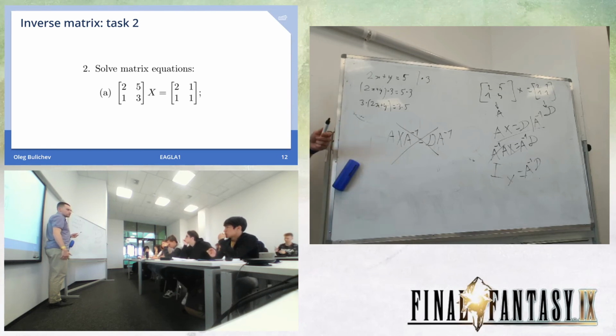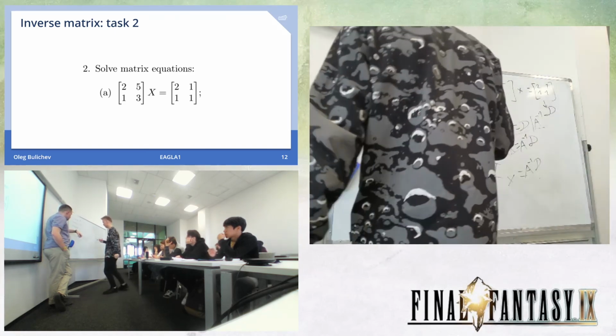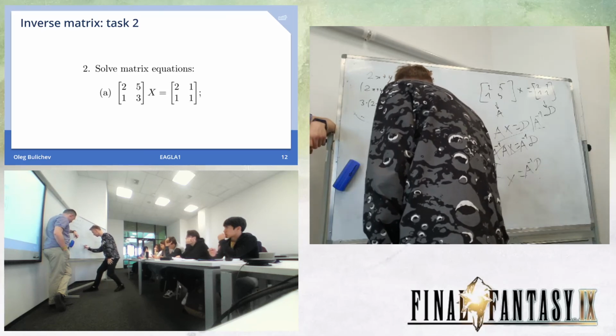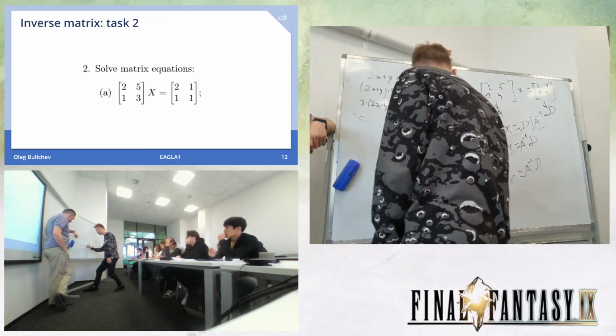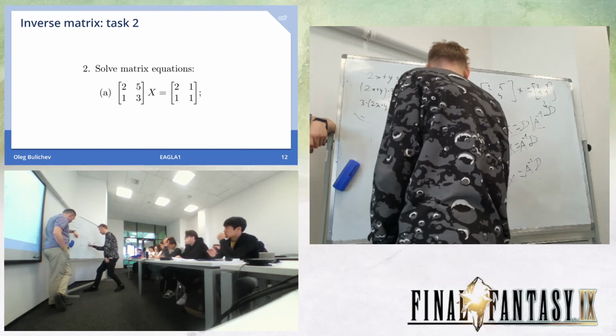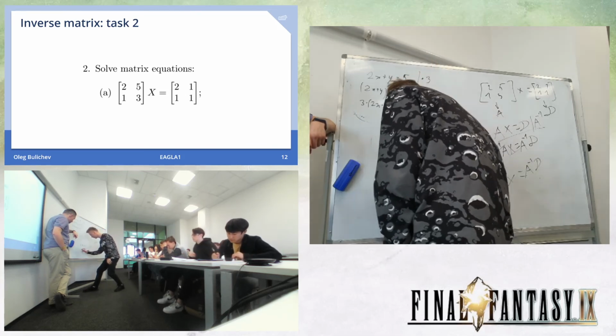I have a question. Can I? Yeah. I still didn't understand what we did, because I can multiply on the right side by A minus 1.